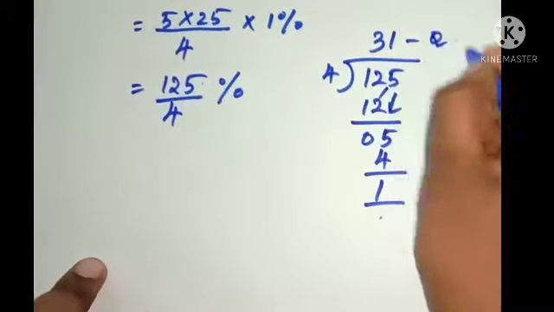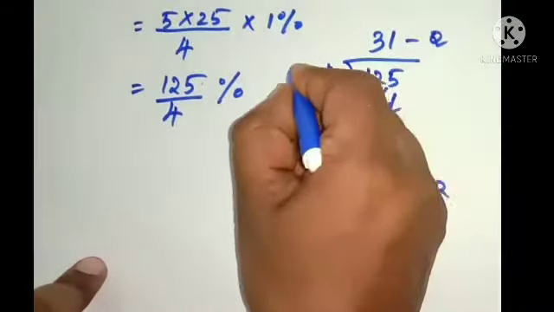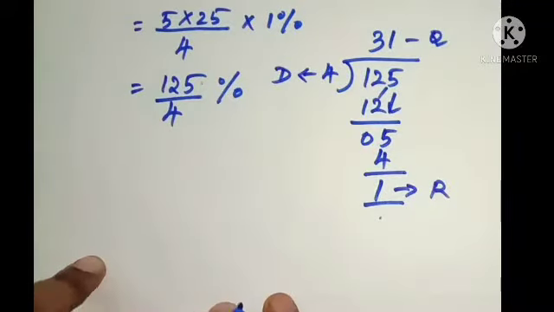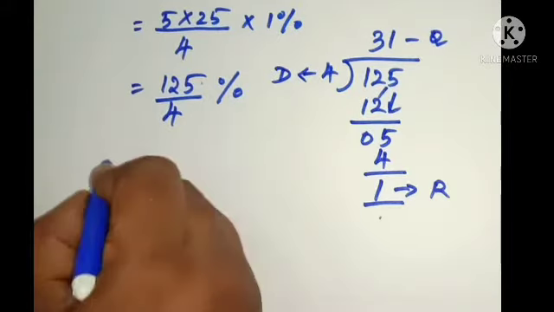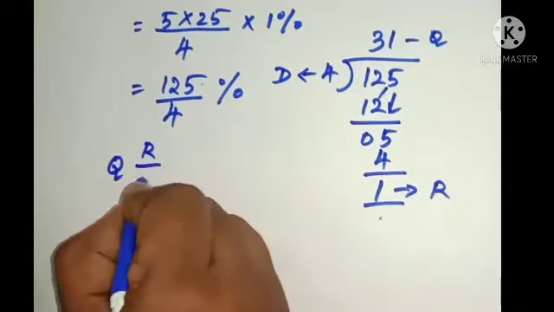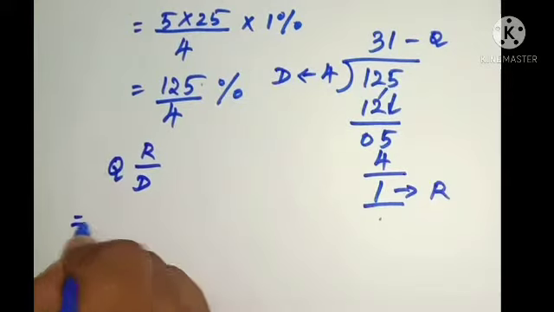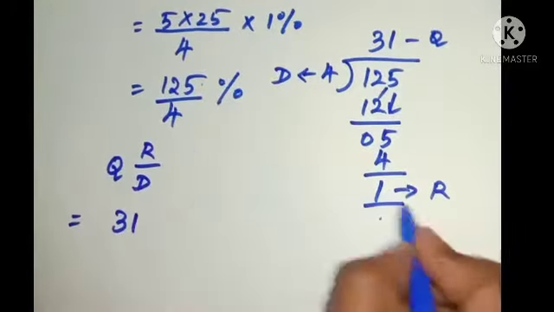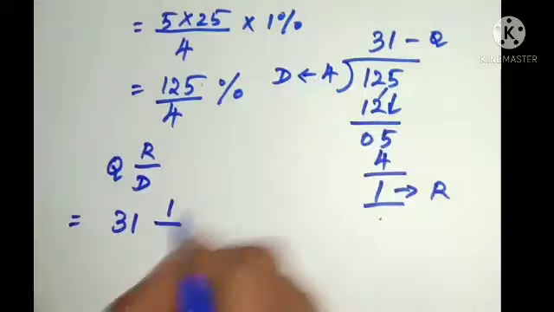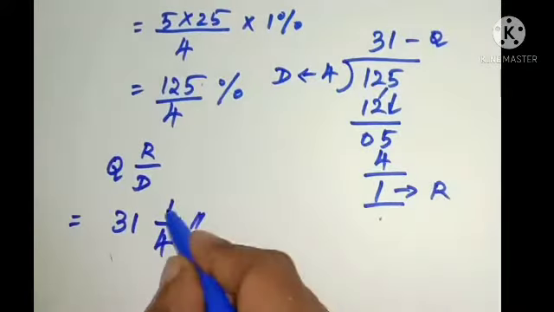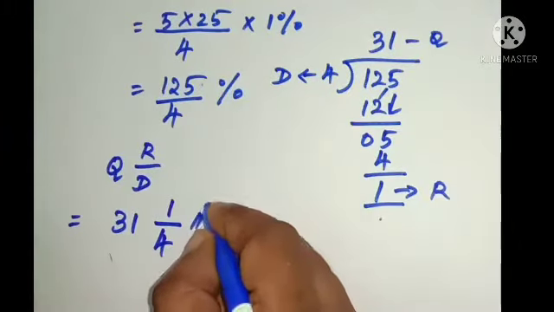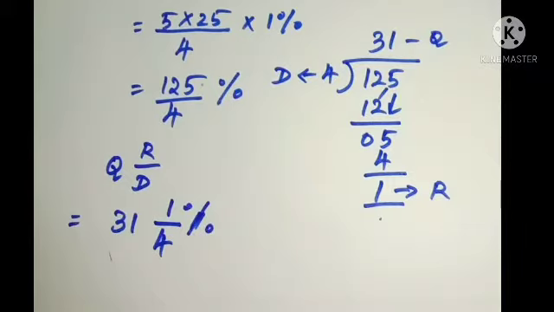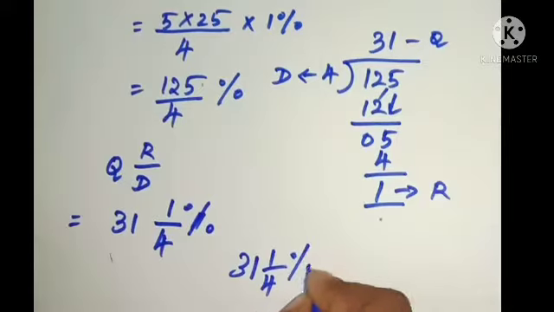We know how to convert the fraction into mixed form: quotient, remainder by divisor. So here quotient is 31, remainder is 1 by divisor is 4. So this is the mixed form of the fraction 125 by 4. And write down the percentage. Thus, our answer is 31 1 by 4 percentage.